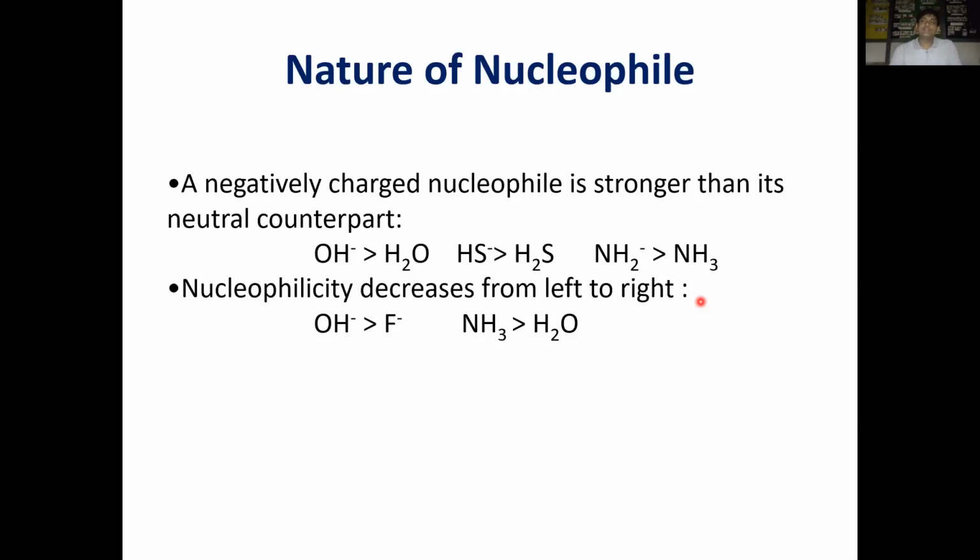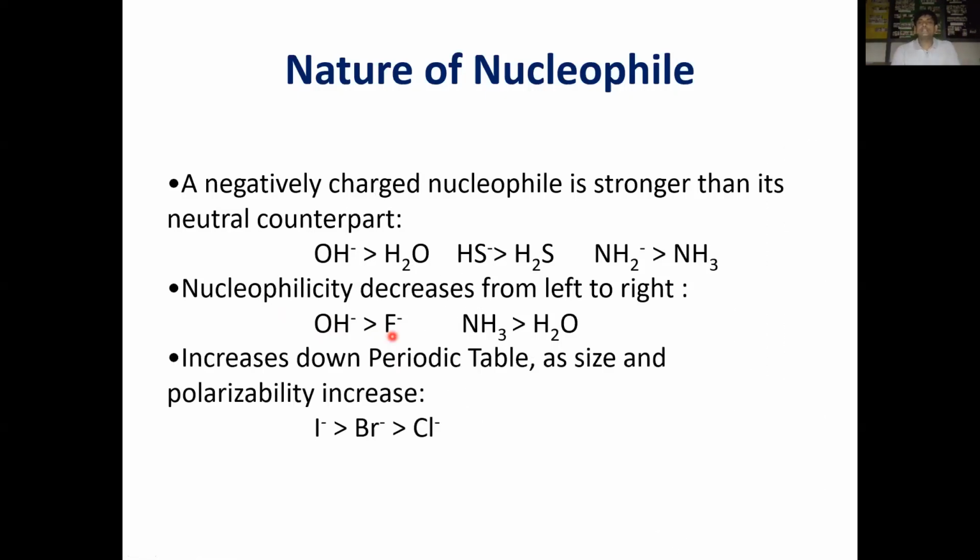If you take oxygen, OH minus and F minus, OH minus is more nucleophilic than F minus. NH2 minus is even more nucleophilic than OH minus. And CH3 minus is more nucleophilic than NH2 minus, OH minus, and F minus. So in periods, there is a decrease in nucleophilicity from left to right.